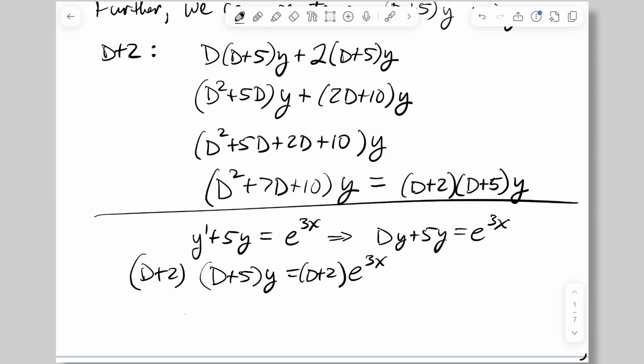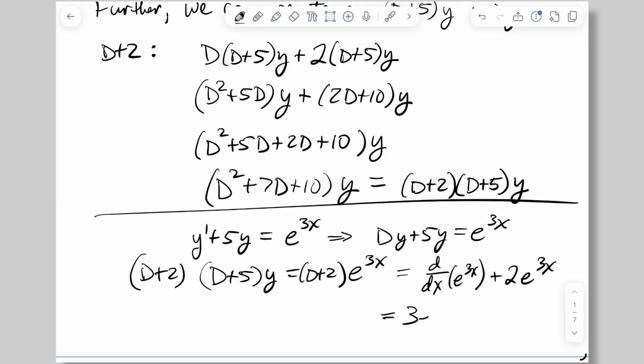The left-hand side, we don't need to change, but the right-hand side deserves a little bit of attention. Here's what's really important and I think useful to see, to remember that this is not quite multiplication. What the right-hand side actually represents is the derivative with respect to x of e to the 3x. That's the D part. Plus 2e to the 3x.